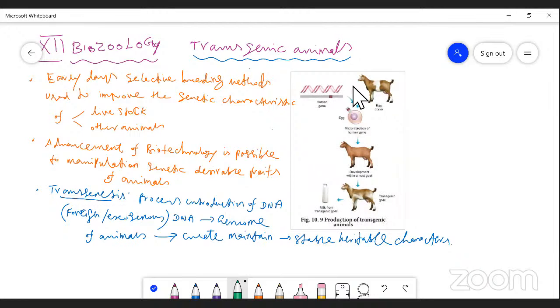Good afternoon, children. Good afternoon to all. 12th Bio-Zoology, chapter Application of Biotechnology. In the previous class you studied about gene therapy.